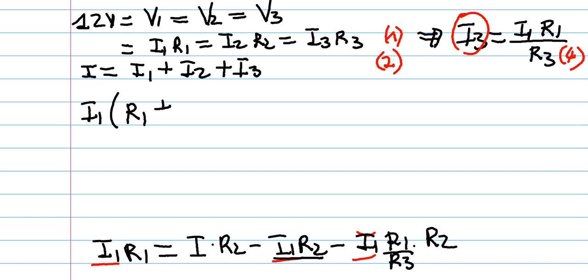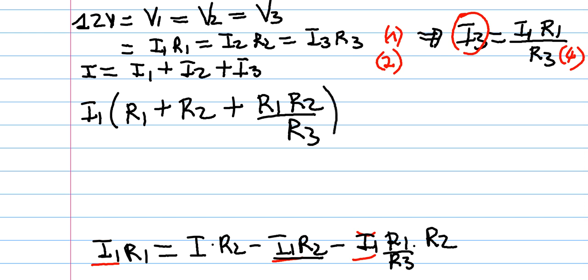Now we are going to have plus R2 plus R1 R2 on R3, bracket close, equal to this other item, which is equal to I times R2. I hope that you see how the thing is showing itself smoothly.